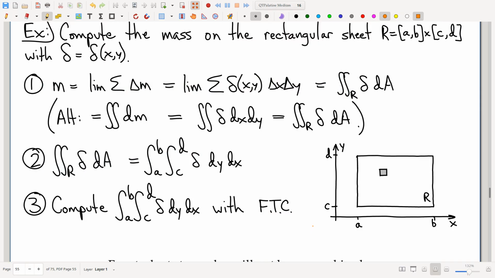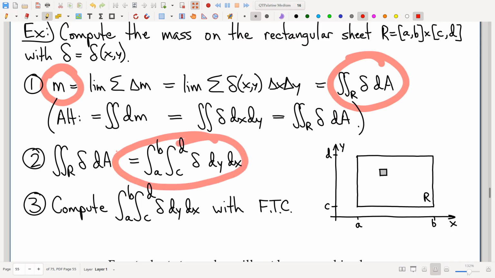In practice, all I require that you write down on this is that mass is a double integral of density, which is computed with an iterated integral, and then you do have to plug and chug down to an answer.